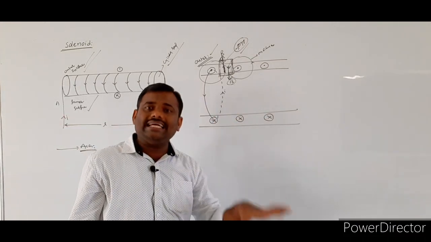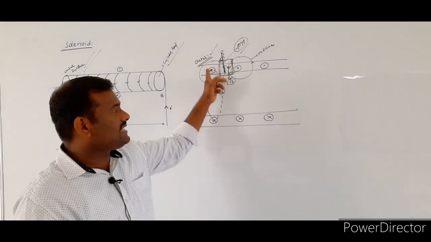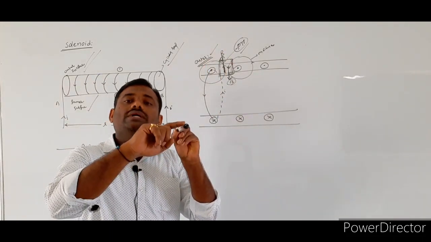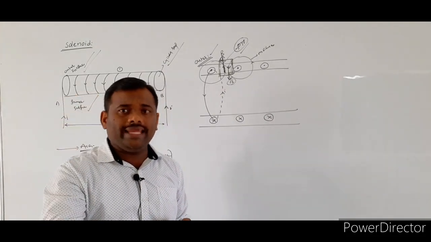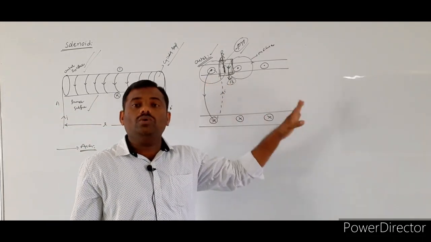Because of this reason, at the outer surface, the magnetic field intensities of the neighboring loops will be cancelled out. This point we have to understand.